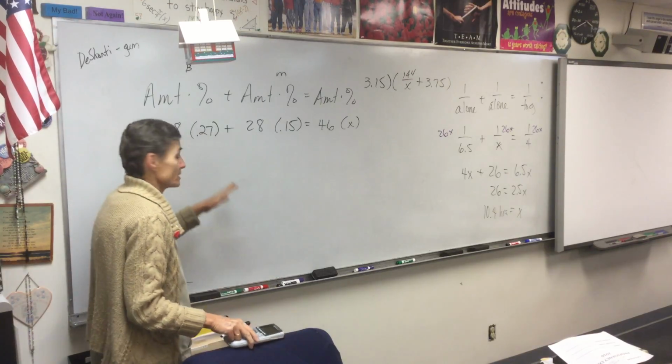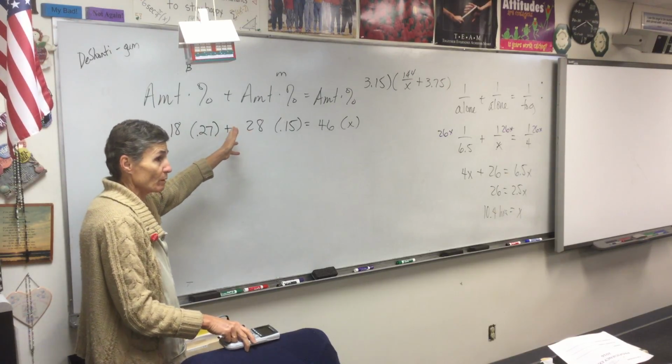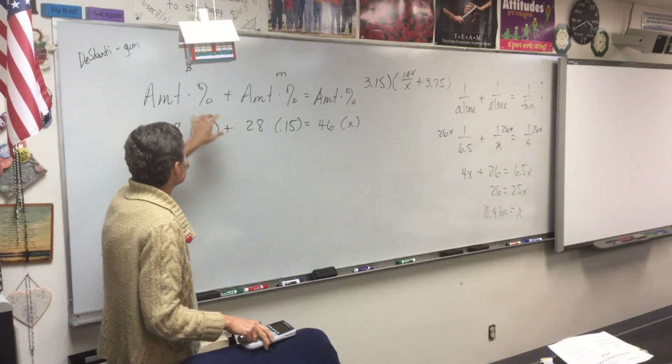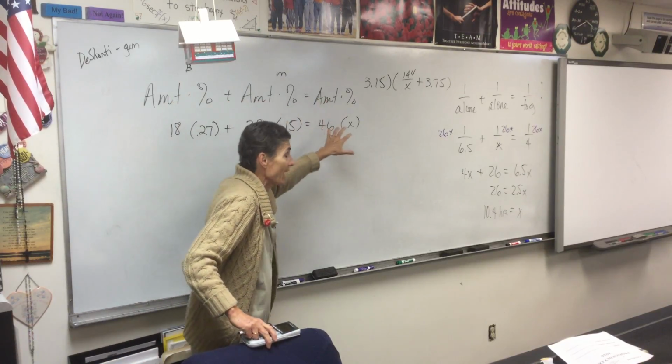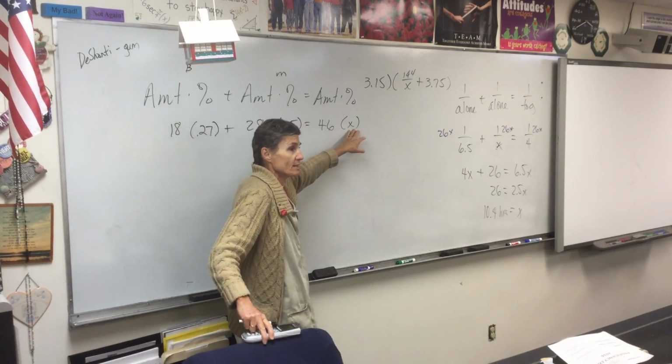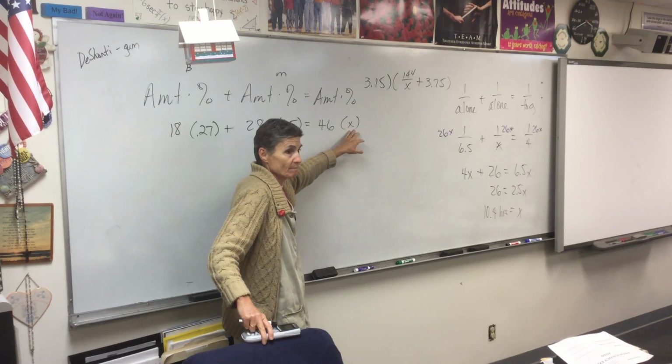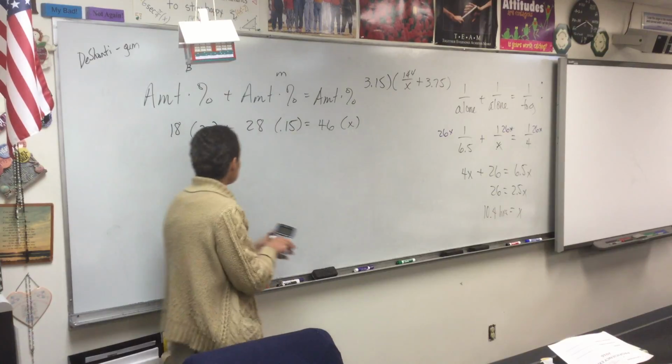So the question is different. I don't remember ever doing one that was this way, but the format is exactly the same. Our variable is just in a different spot than it normally is. Is that okay with everybody? Just plugging in the numbers.